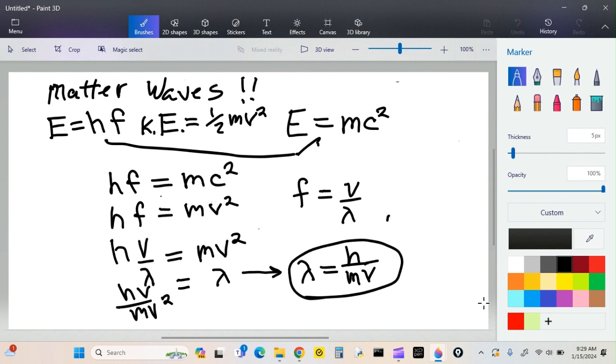And that's what this guy, a Frenchman, de Broglie, hope I spelled his name right, came up with: this idea of matter waves. That's where it all takes off, and we get the waves into the matter.